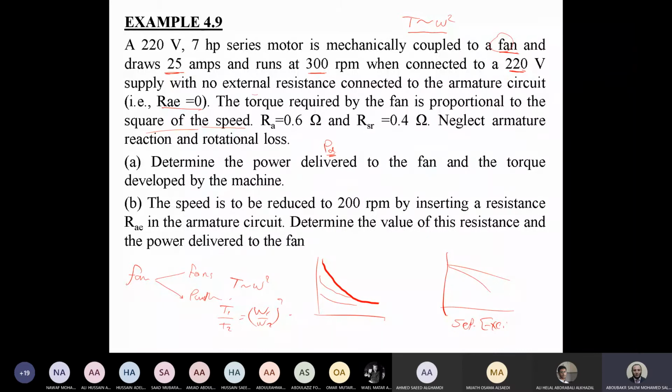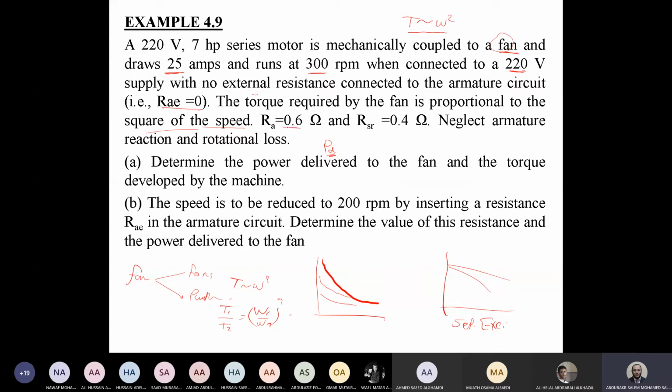However, we will state in the problem exactly what the relation between torque and speed is if we specify a certain load torque. So the torque required by the fan is proportional to the square of the speed.